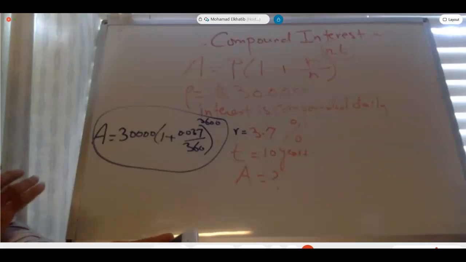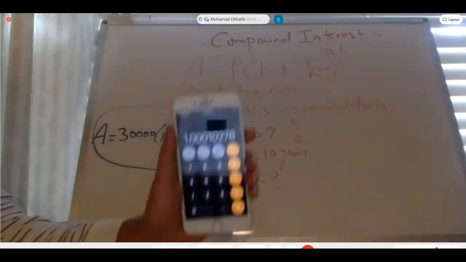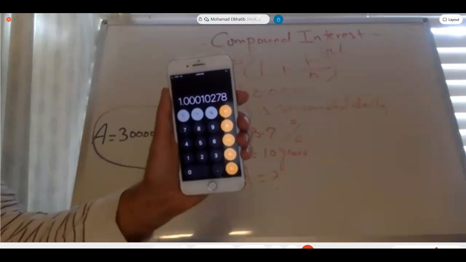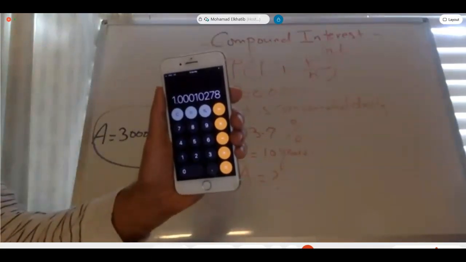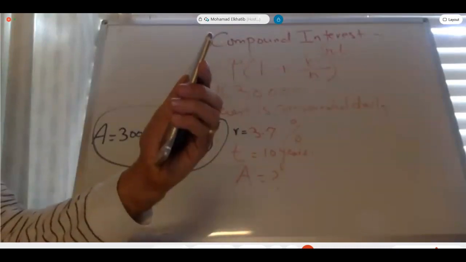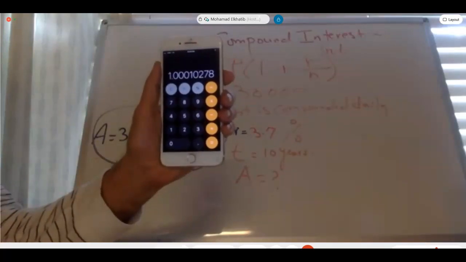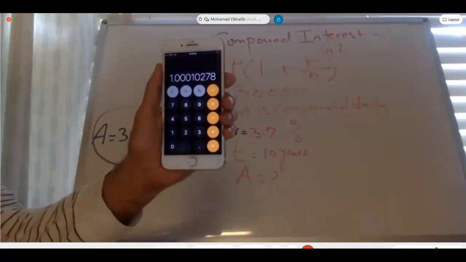As I go on, I want to be sure everybody understands me. Then I do +1 equals. And I got 1.0001027. Are we good? Yes.